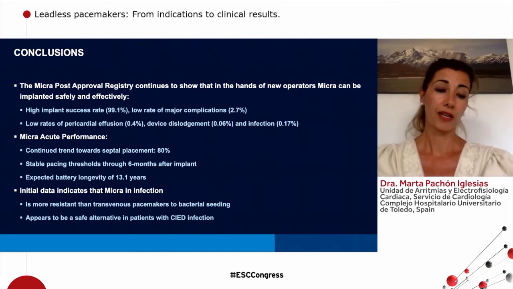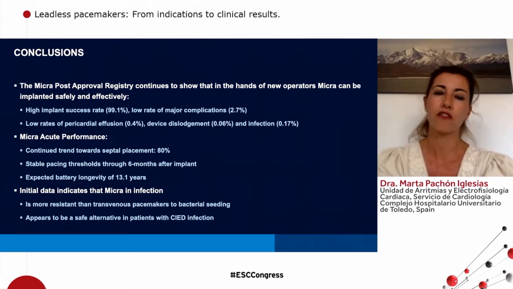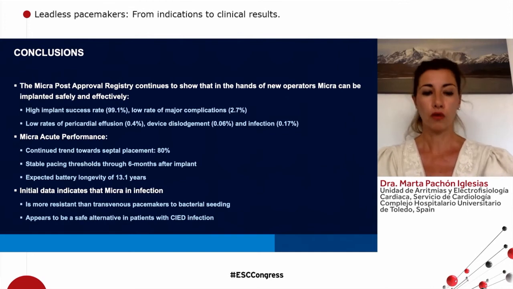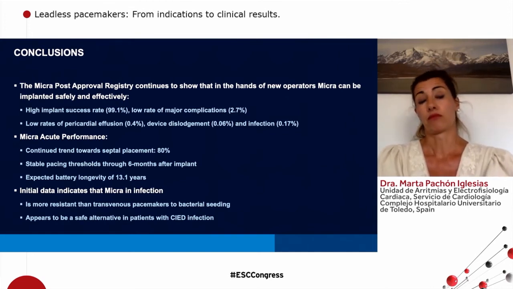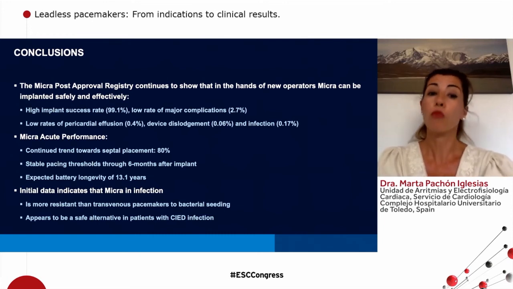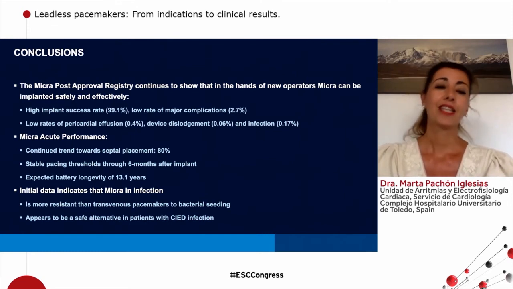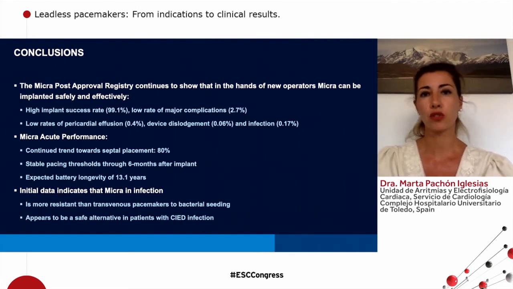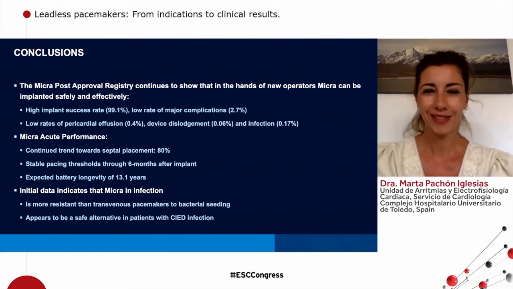As we have seen, the Micra has the same indications as a conventional single chamber ventricular pacemaker. Of course, some patients can benefit more. We have seen that Micra is more resistant than transvenous pacemakers to bacterial seeding, so it appears to be a safe alternative in patients with a cardiac implantable electronic device infection.